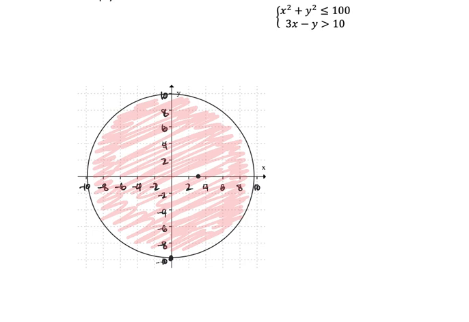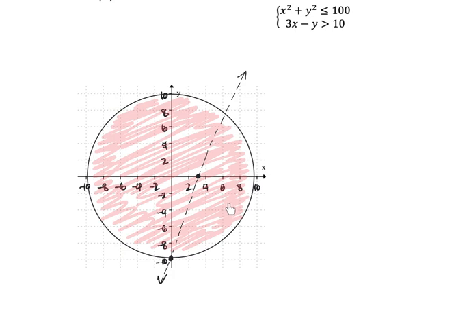So right about there. This is going to be a dotted line because it's greater than and not greater than or equal to. And then to determine shading, I'm going to use 0, 0. 3 times 0 subtract 0 is 0. But 0 is not greater than 10, so the test point did not satisfy this inequality, so I'm not going to shade towards the test point.